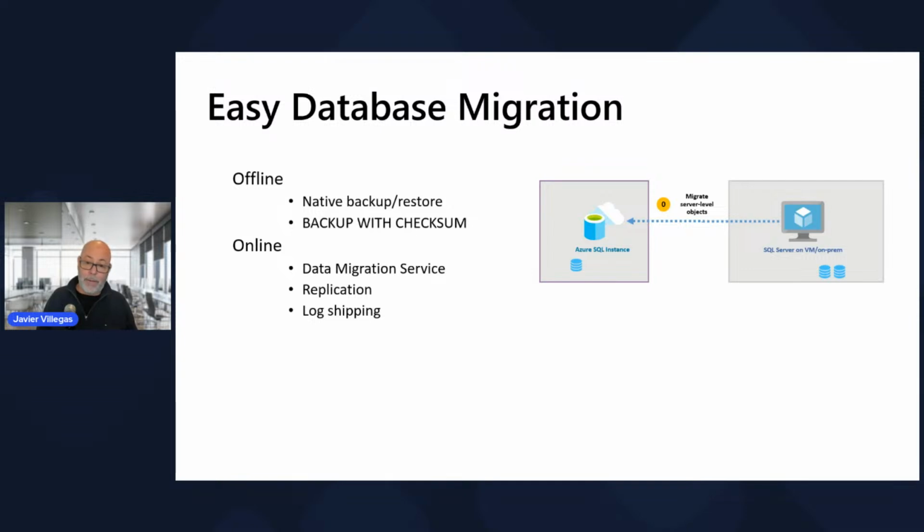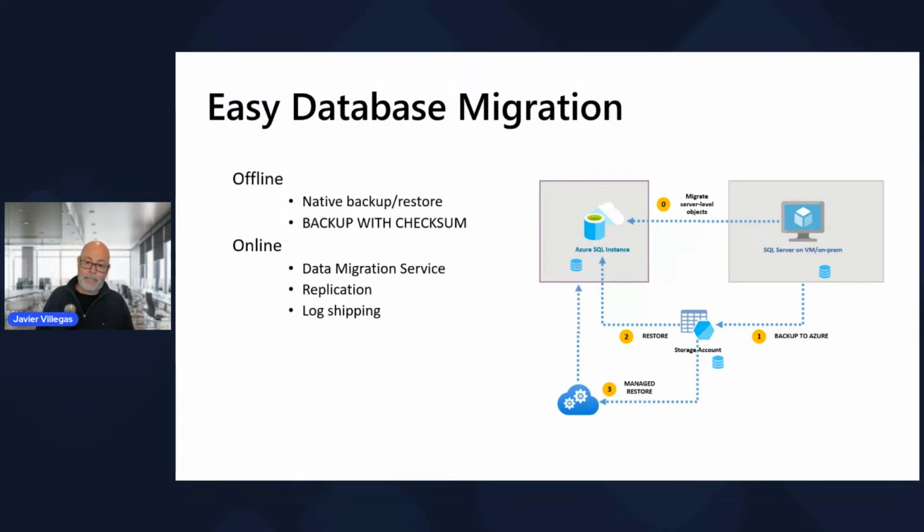We just need to migrate the system objects, right? Master, SQL jobs, etc. We need to take a backup of the user databases, have them in a storage account, and then just restore those backups into managed instance super easily. And eventually, if we need to do it with an online option, we have the managed restore to do it for us, right?